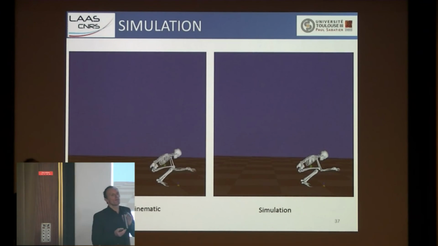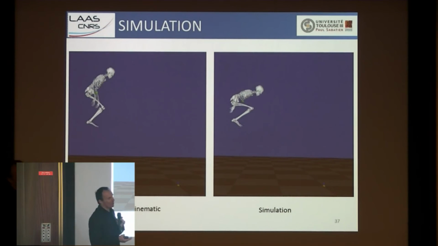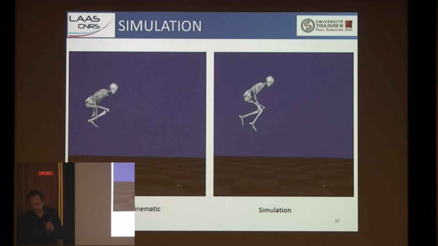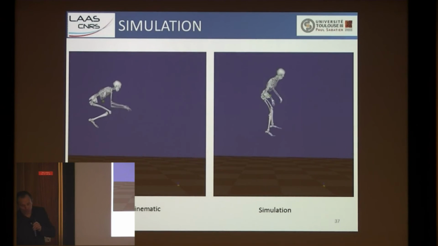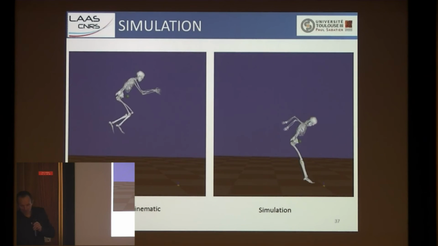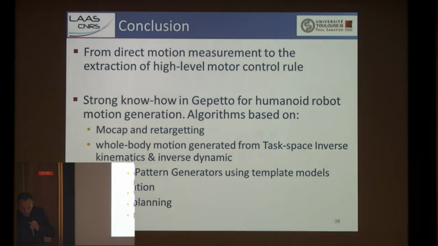It's a very recent work, so we can discuss further about the simulation later or during these 2 days. We have a little problem at the beginning of the flight phase because of angular momentum, which is not correctly determined.